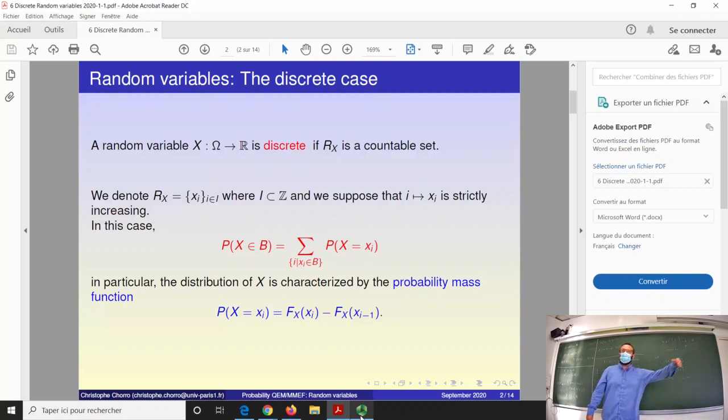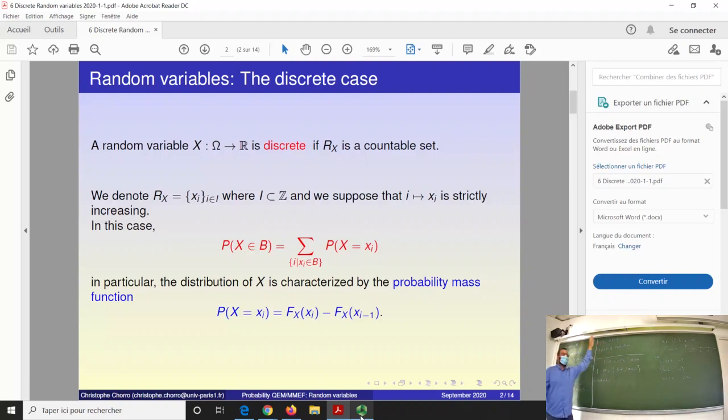Okay, I order the set of the possible values. So if I do a picture, you have here xi, and here, for example, xi plus 1, in this order, and before here, xi minus 1.